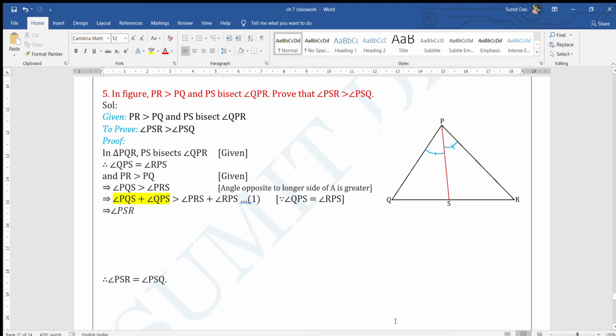Check the yellow highlighted one. If yes, why? The yellow highlighted one, I hope you can see. PQS plus QPS, you just check the PQS triangle. For triangle PQS, can I write PQS plus QPS equal to PSR? Let me know.